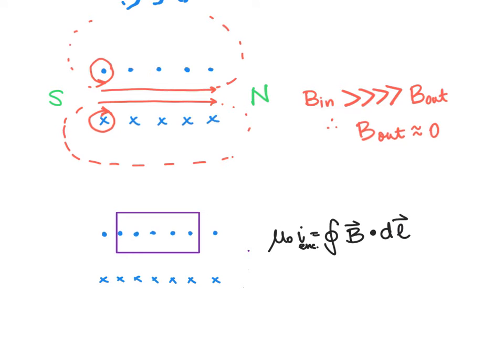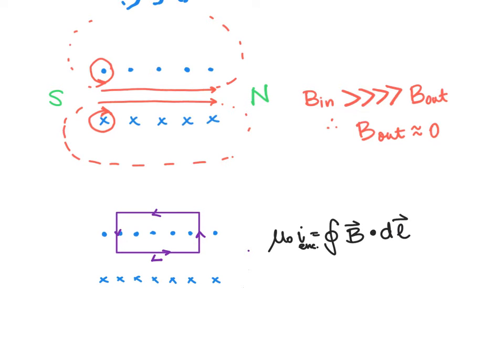So let's treat this side as having a length L here. And let's go around the loop in a counterclockwise direction because I'm right-handed and I thought about it that way.